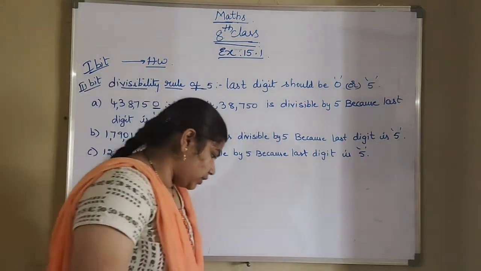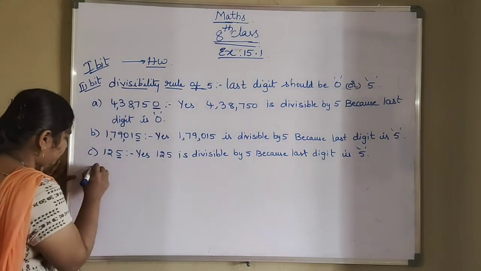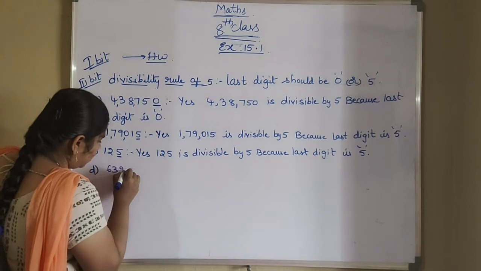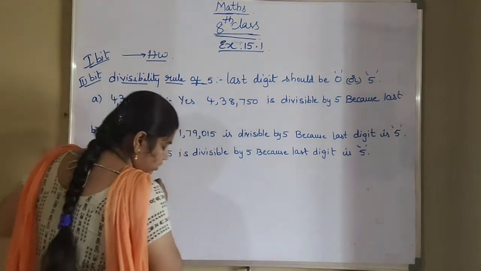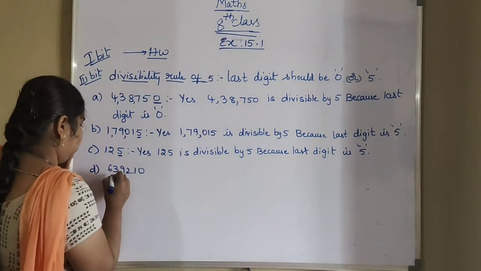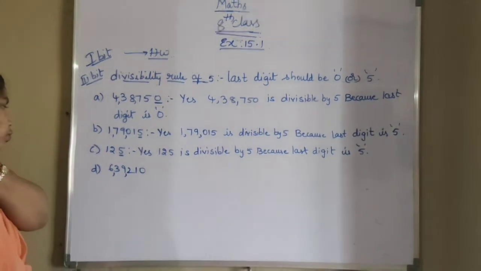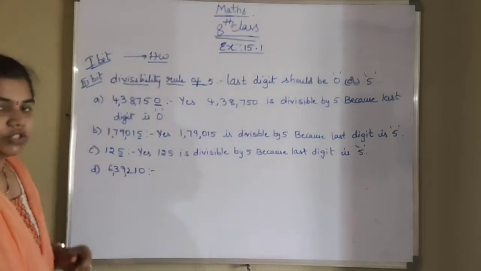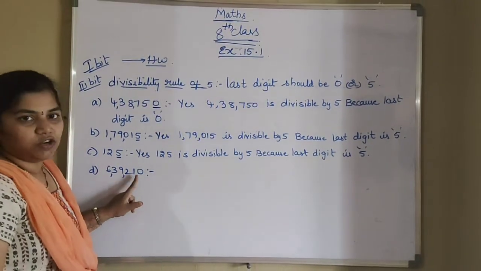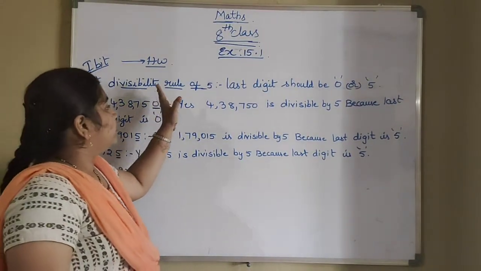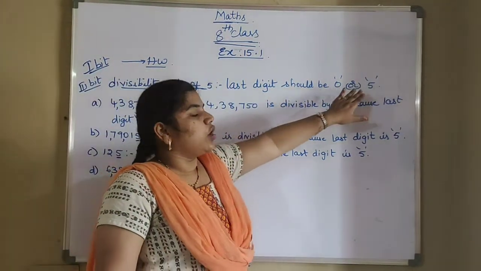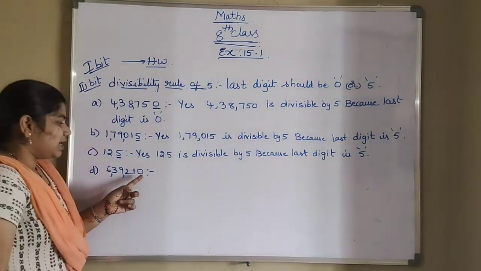Okay, so next D bit. What is the D bit here? 6,39,210. So whether this number is divisible by 5 or not, we have to check. So what is the last digit here? 0. 0 means in our rule we are having 0. The last digit should be 0 or 5. So in our question the last digit is 0.